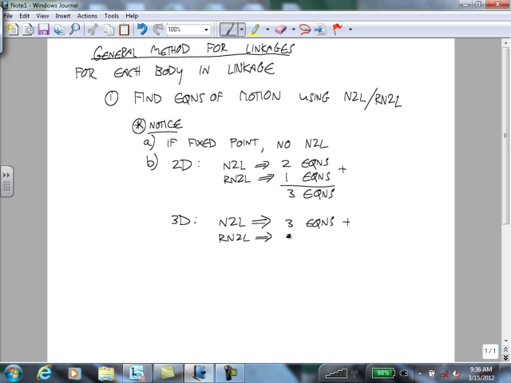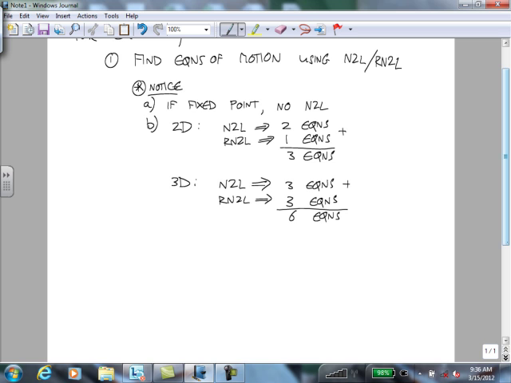Second, look at the variables that you have in this new set of equations and reduce the number of variables, if that applies, using Newton's third law.